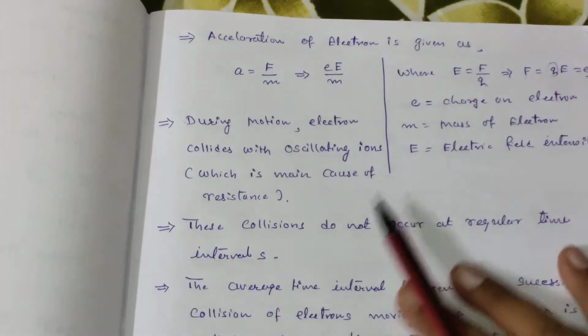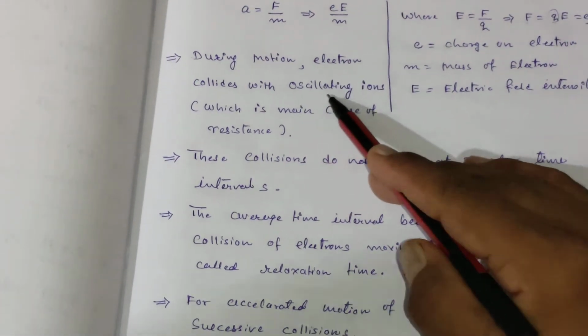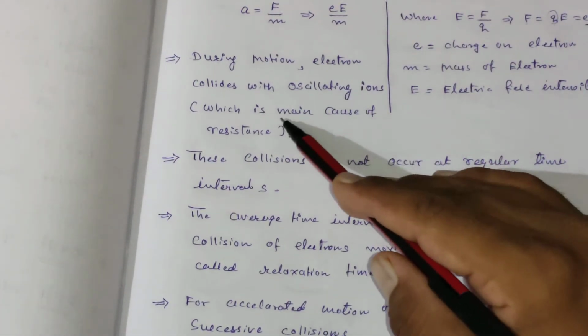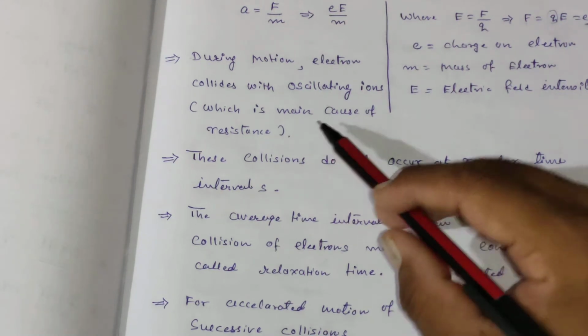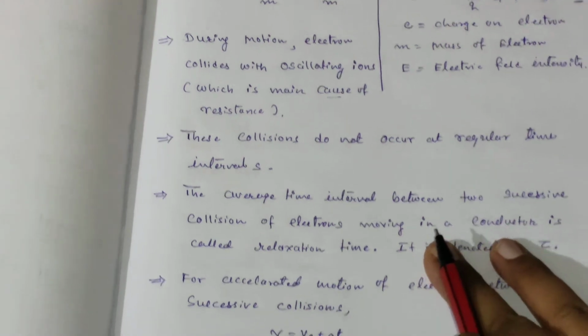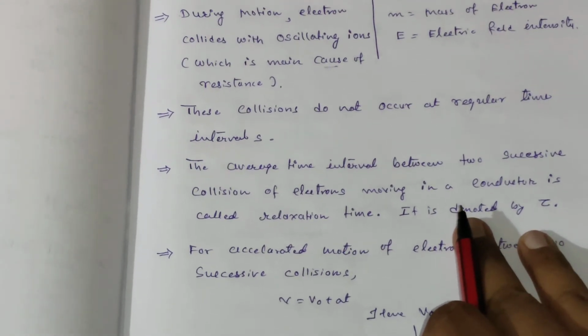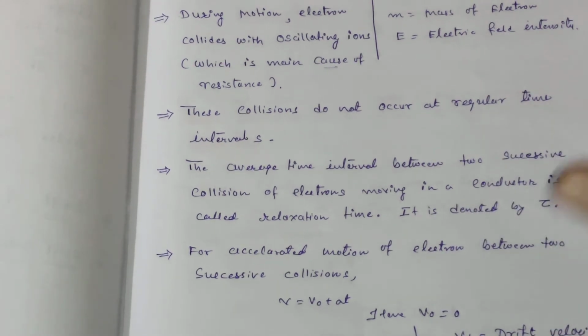During motion, the electron collides with oscillating ions, which is the main cause of resistance. Cause means reason; collision is the main reason. Hence electrons slowly lose their energy, so velocity decreases.